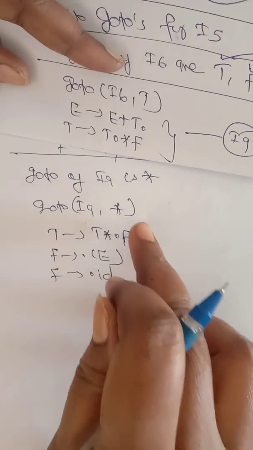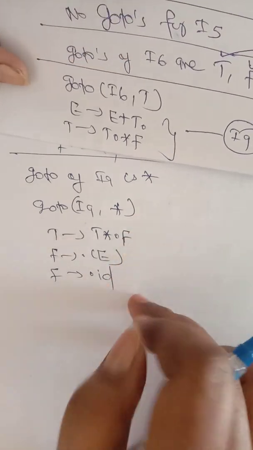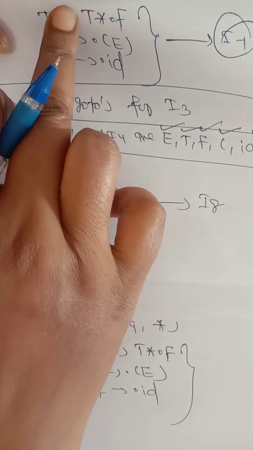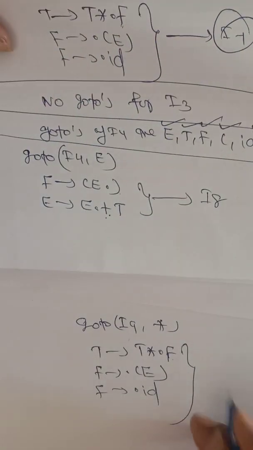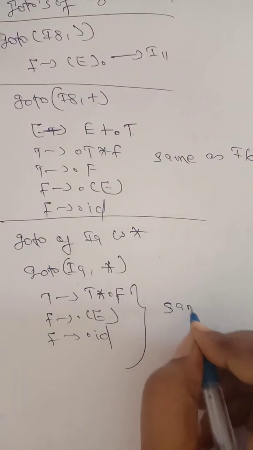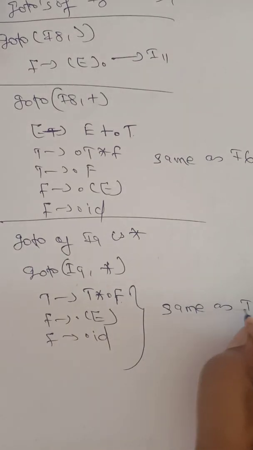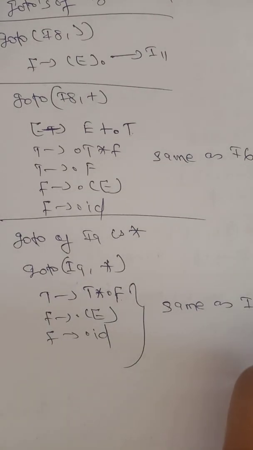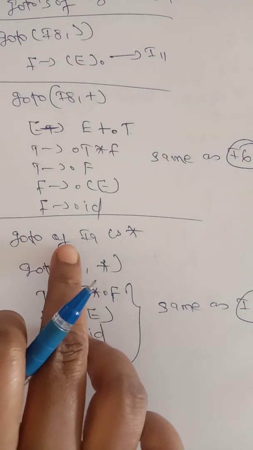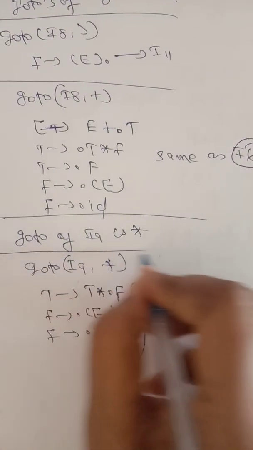Then check whether these productions are already available or not. Yes, these three productions are matched with I7. So I9 comma star is the same as I7. So go to of I9 is over.